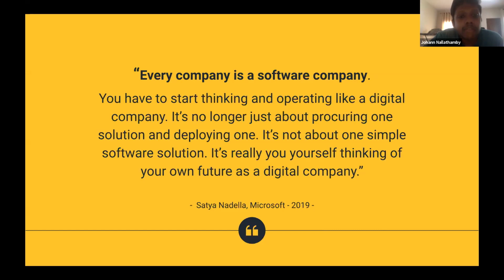Gone are the times where you can easily buy an off-the-shelf product and be happy that your problems are solved, but you should look at your company as an IT organization to tackle the challenges in the ever-evolving digital space. So this reiterates that our vision of CIAM is correct, and the CIAM solution will keep on evolving, and developers are one of the important participants in this journey.